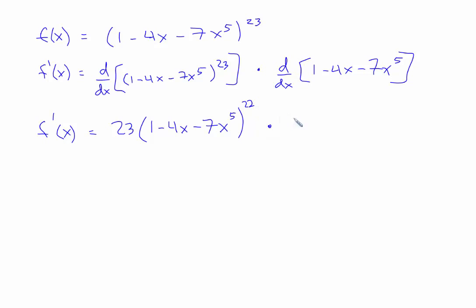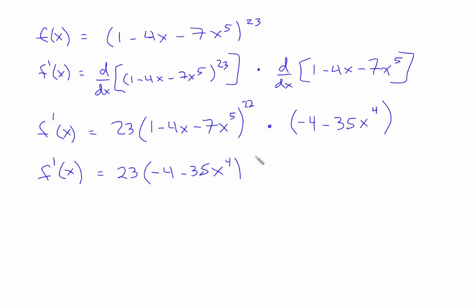The derivative of 1 is 0, so that gives you negative 4 minus 35x to the 4th. Let's clean this up. F prime of x is equal to 23 times negative 4 minus 35x to the 4th, times 1 minus 4x minus 7x to the 5th to the 22nd power, and this is your answer.